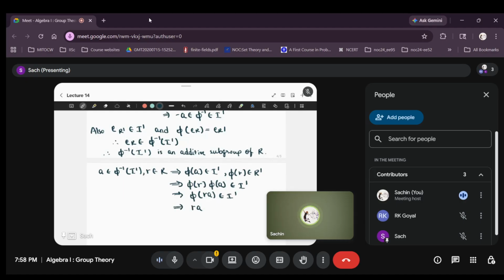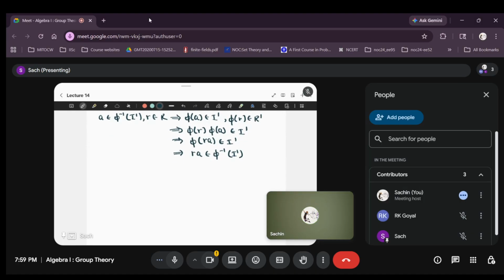By definition of set inverse, this is in phi inverse of I prime. So if A is in phi inverse of I prime and r is in the ring R, rA is in phi inverse of I prime. That's the second property for phi inverse of I prime to be an ideal. So phi inverse of I prime is an ideal of R.